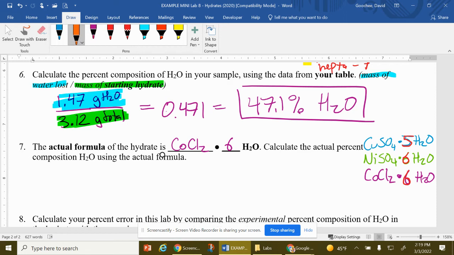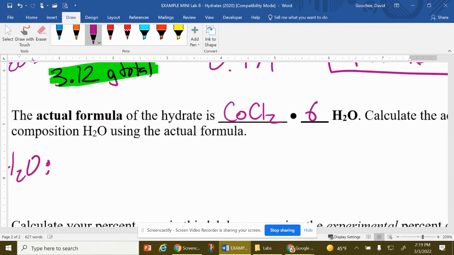Let's calculate the actual percent composition of H2O in the actual compound. So again, this is what I thought it was, 47.1% H2O. What is the percent of H2O for real? Well, for that, we're going to lean back on what your homework was the other night.